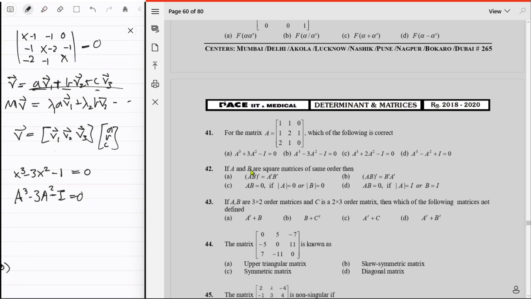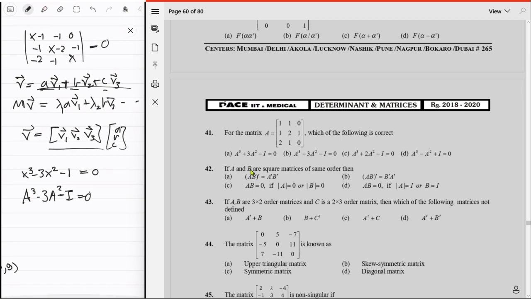Let's call this matrix P, or R, or whatever you want to call it, right? So what happens is that the P matrix applied on this vector a, b, c is equal to v vector. So basically this vector a, b, c is equal to P inverse applied on v vector. All right.